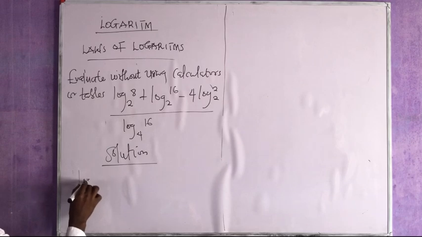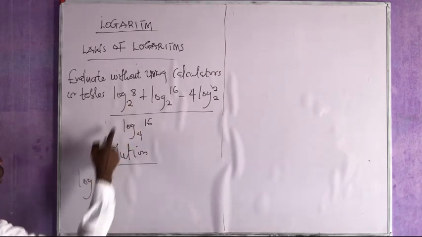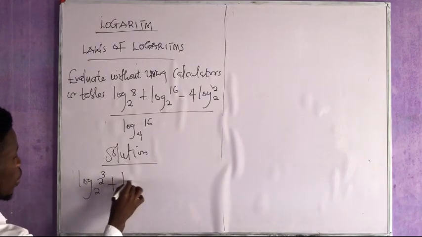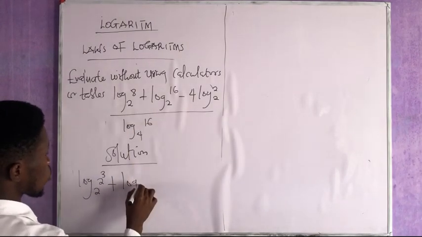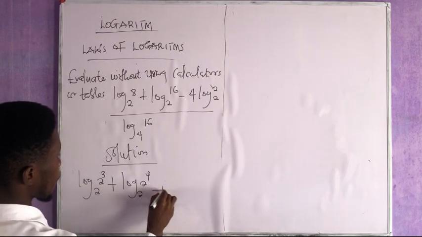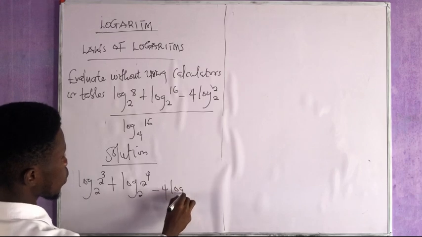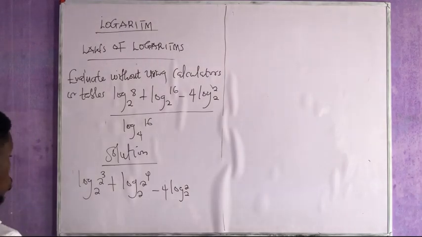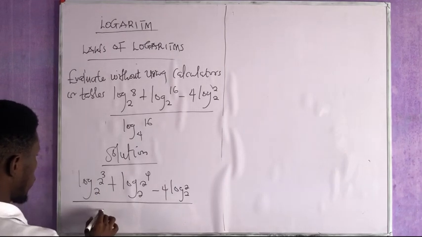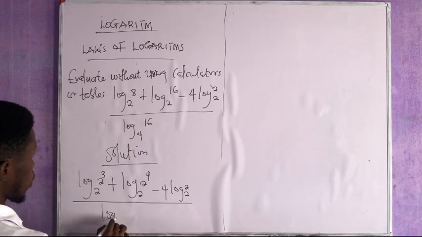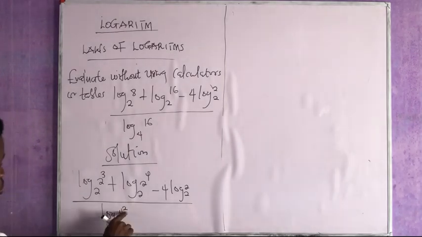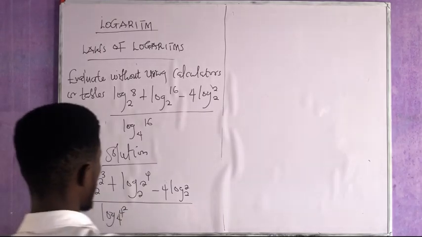But I know that this side I can write as 2 to the power 3, and this one I can write as 2 to the power 4, minus 4 log 2 to the power 2 base 2, and all divided by this side I have log 4 to the power 2. 4 to the power 2 is 16.